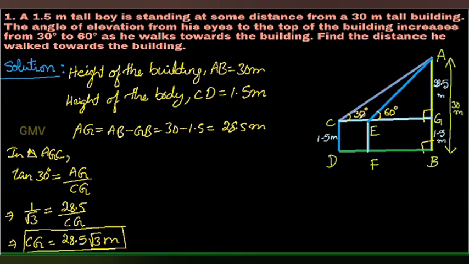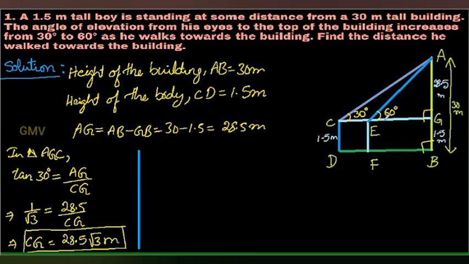In the next step, now consider the triangle AGE. In this triangle, we know the opposite side AG with respect to 60 degree and we have to find out EG. Because if you subtract EG from CG, then we get CE.